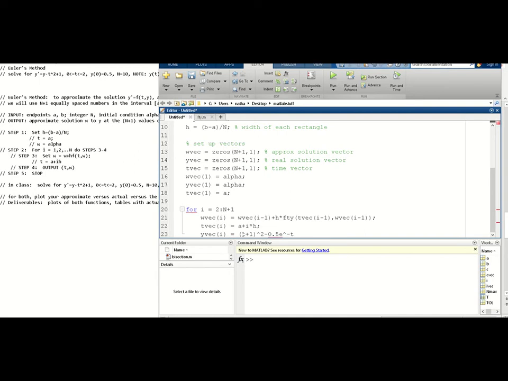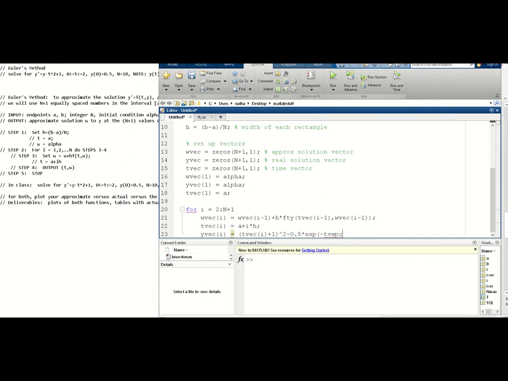Okay, so this is going to be the t vector at the i position. And then you don't do this for e. You do exp, and you don't put a caret. You don't do it in Excel either.